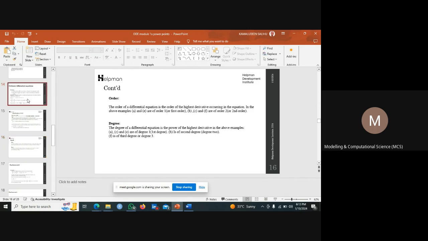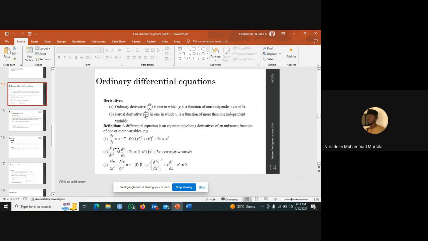So let's confirm it. A is of degree 1. C is of degree 1 also, right? The highest derivative is of order 2, and that highest derivative has a power of 1, so you call it degree 1.